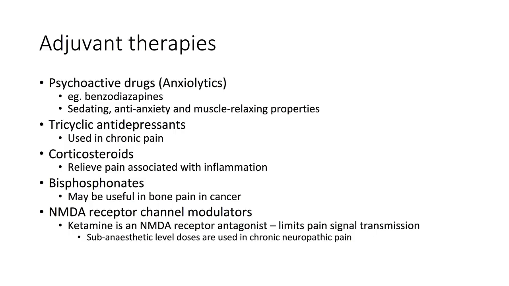And so the use of biphosphonates in bone pain and cancer is an adjuvant therapy to help with pain stimulus. The corticosteroids are used because they inhibit the release of or the actions of phospholipase, and therefore we don't get arachidonic acid being produced, and therefore we have nothing for the COX enzymes to work on. So they reduce inflammation overall.